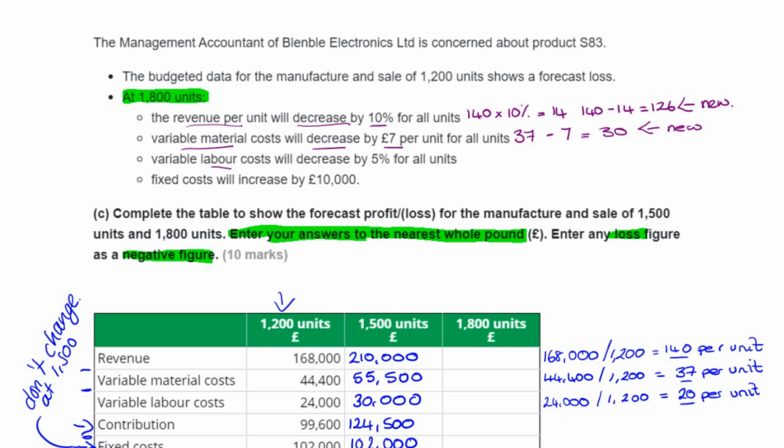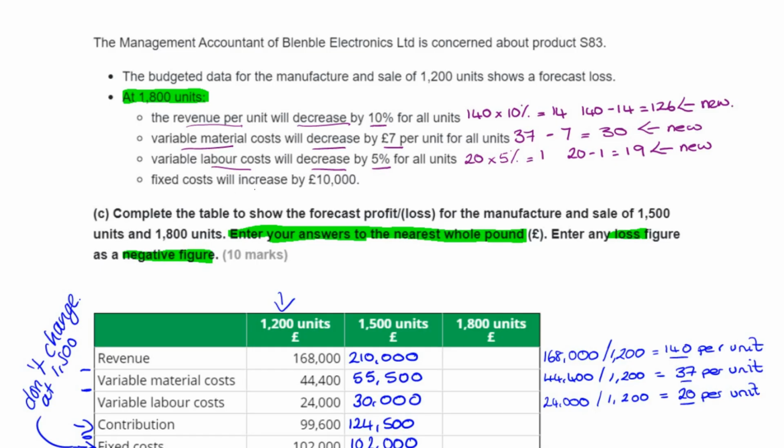Variable labour costs will decrease by 5% for all units. So originally it was £20 per unit. So we can work out what our 5% would be. It should be £1, and then we can take that off. So £19 per unit is our new variable labour cost.